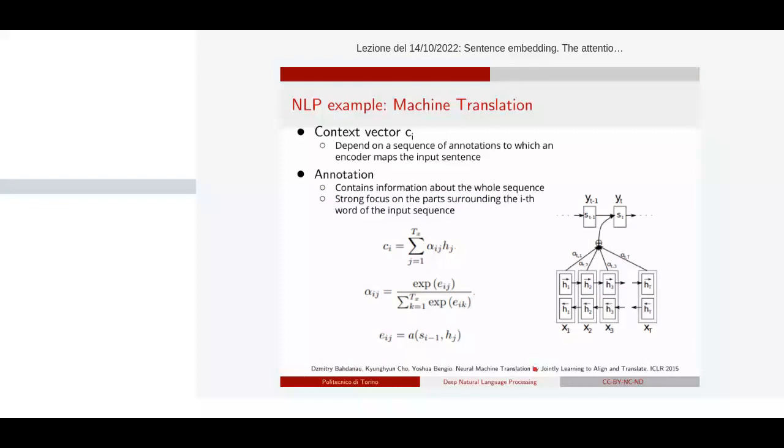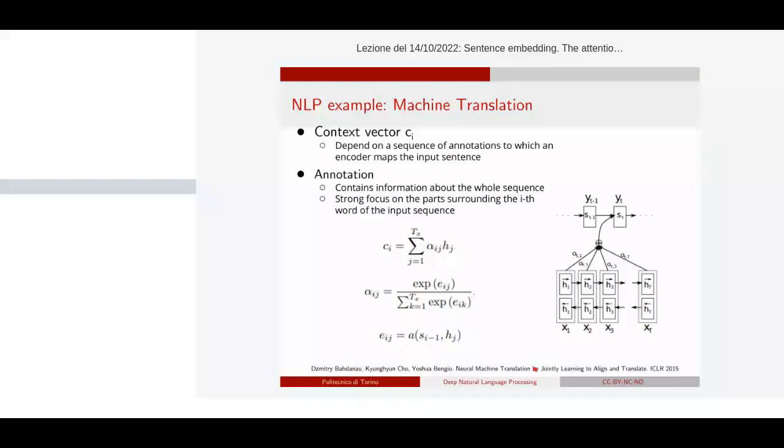So we are including the information about the whole sequences, embedding what is a global context, picking just the key most important ones, so those that have the highest attention score. So we strongly focus on the parts that are surrounding the words, and this is a linear function, which is a linear combination with this parameter alpha of the outputs of the recurrent neural networks in the cascade.